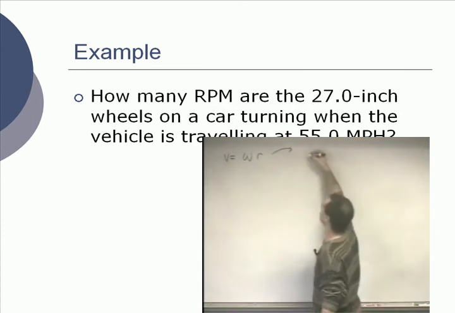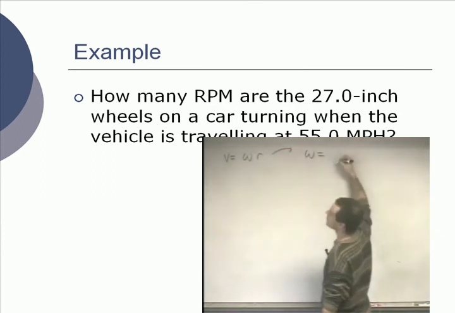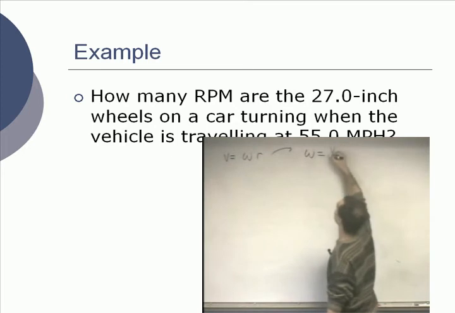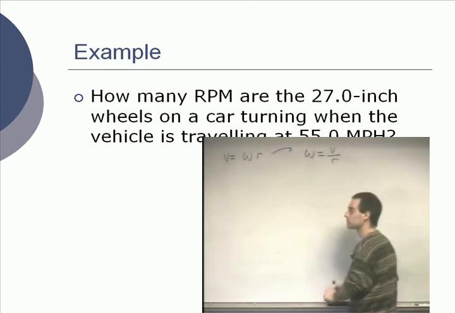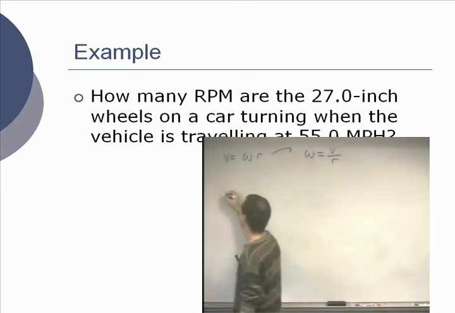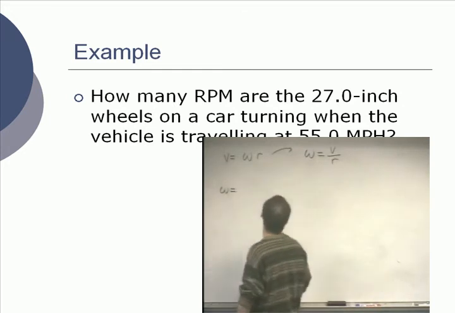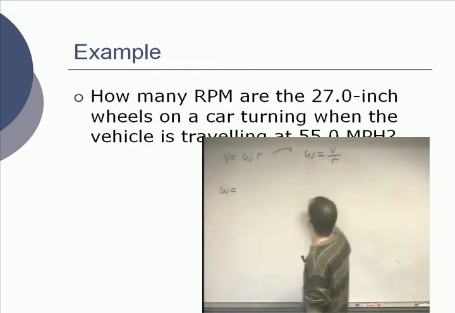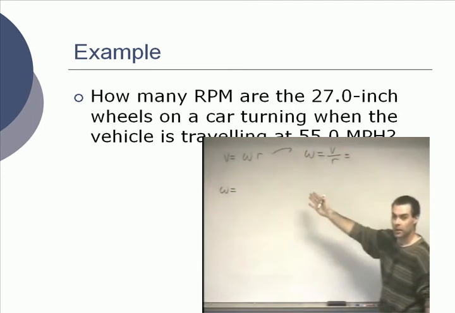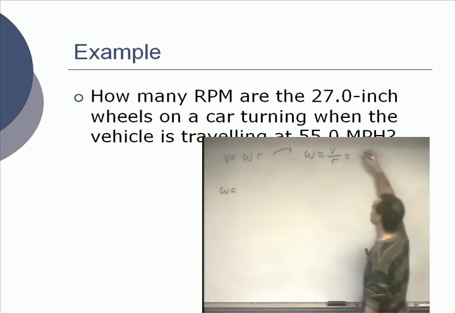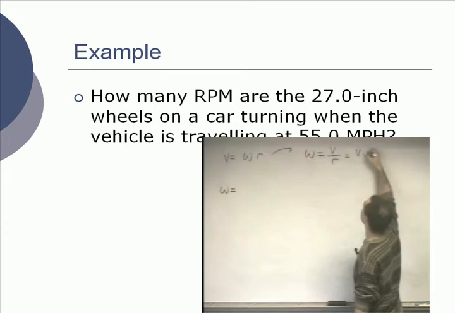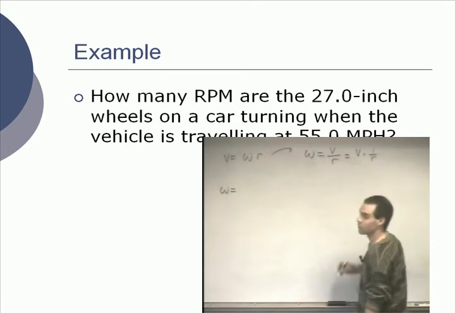Our angular velocity is going to be given by v over r. So v over r, for the sake of setting it up like a unit conversion, is the same as saying v times 1 over r.